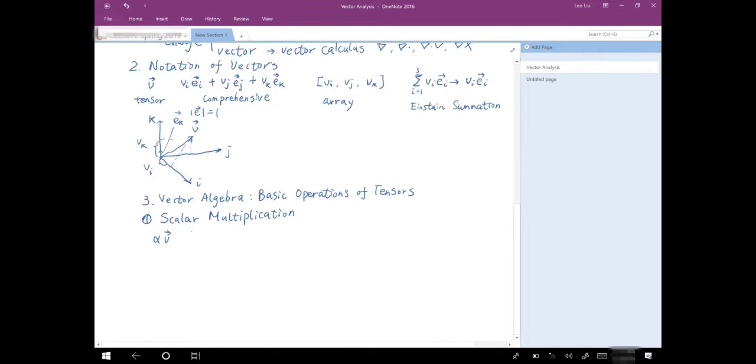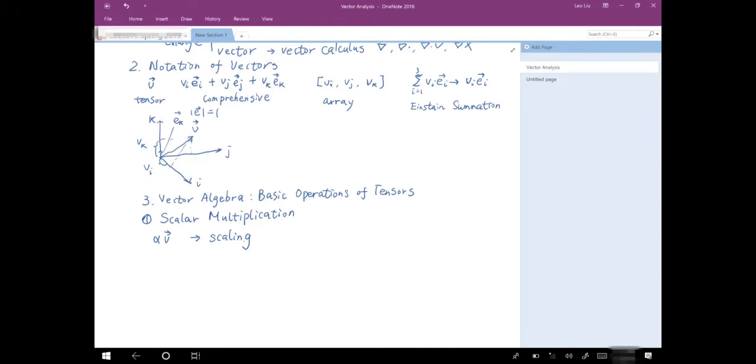And the meaning of this scalar multiplication is scaling. That is kind of straightforward. Scaling means, for example, if it's just one line, and we want to scale it by 2 times, we prolong the line from the original length to 2 times the original length. That's scaling.